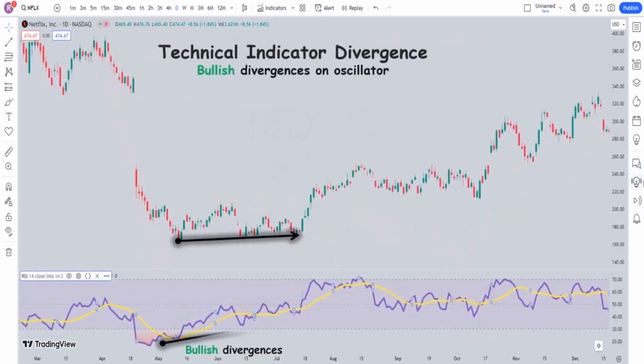Technical indicator divergence, bullish divergences on oscillator.